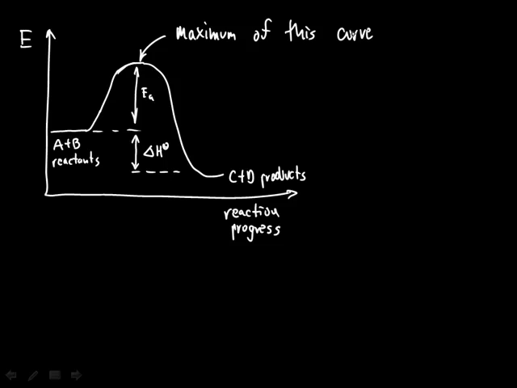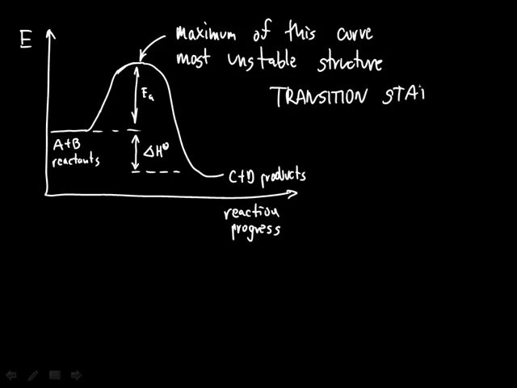And clearly, because energy translates into stability, this is the most unstable point along the reaction coordinate. Most unstable structure. This structure is called the transition state, and is often denoted by a double dagger symbol.